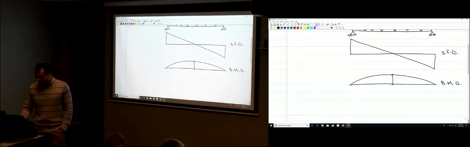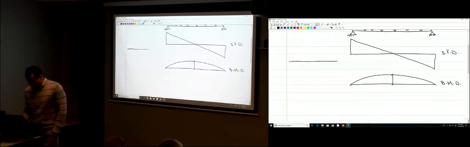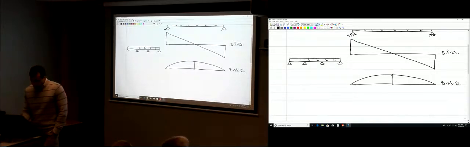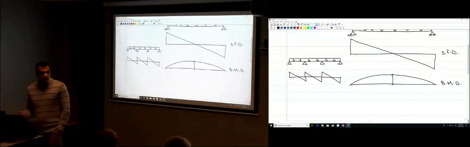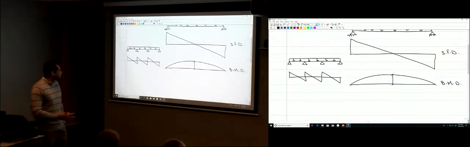Let's say you have a continuous structure that looks like this, still with a uniform load applied on it. The shear force diagram will look like this. The maximum shear occurs at the support.